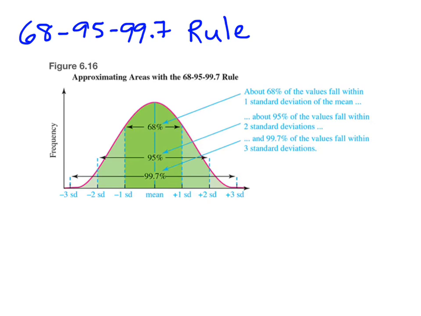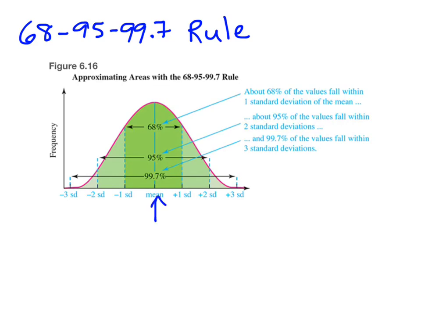Now let's talk about numerically where data is in this normal distribution. We have a really convenient rule that lets us describe the percentage of data that's at various positions in relation to the mean. This is the 68, 95, 99.7 rule. This rule says that about 68% of the values fall within one standard deviation of the mean.